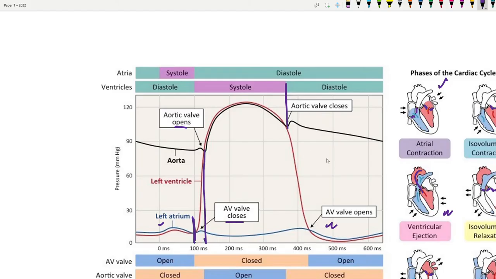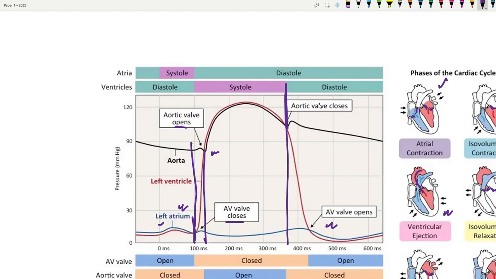So essentially, what happened here? The atrioventricular valve closed, but the semilunar valve was still closed. At this moment, the atrioventricular valve was closed, but the semilunar valve opens. So in this time span, both were closed. Here, the semilunar valve closes, but the atrioventricular valve is still closed.